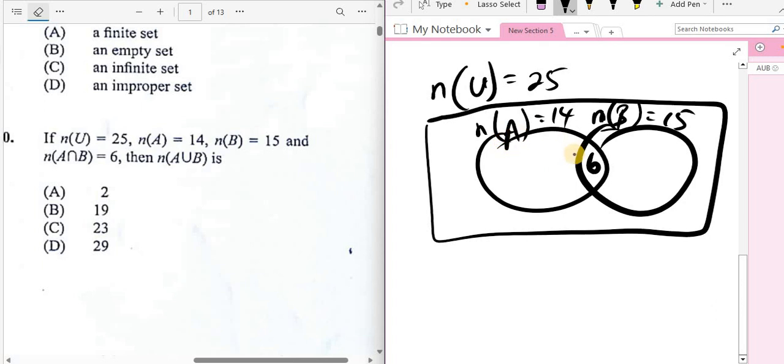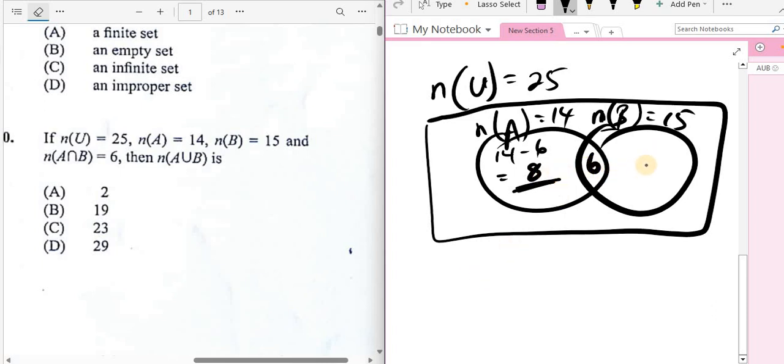What should go here then? If the entire set A is 14, what number should be here? Because set A only has 2 parts now, the intersection and this part over here, the A only part. So what amount should be in the A only part? 14 minus 6. What's 14 minus 6? 8. Make sense? Because 8 plus 6 is 14.